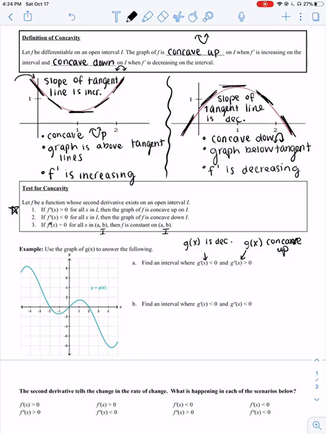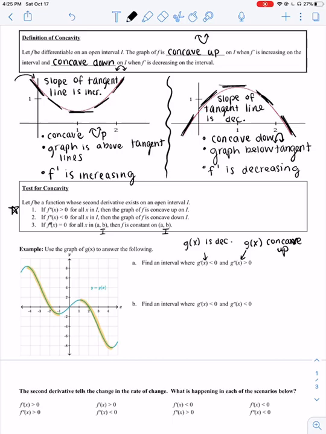Okay, so we just want to identify a portion of this graph where it is decreasing and it is concave up. I see a few regions where it's decreasing. I'll highlight in orange. Decreasing here, and it's decreasing here. Out of those two places, I'm just going to try to find an interval where it's concave up, so where it looks like a happy face.